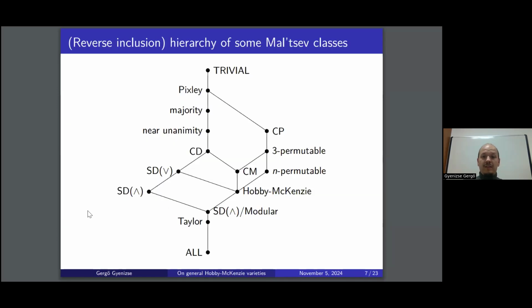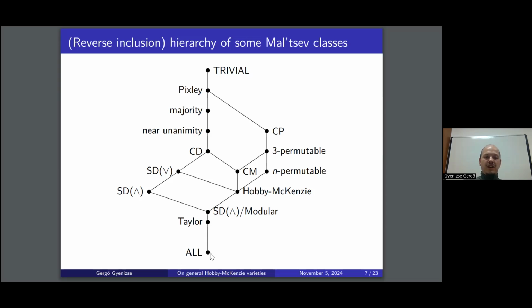So let's look at some well-known Maltsev classes, and I will order them by reverse inclusion hierarchy. If a Maltsev class is above another, then there are fewer algebras satisfying it. What is on the top is the strongest Maltsev condition, and what is on the left is the weakest.